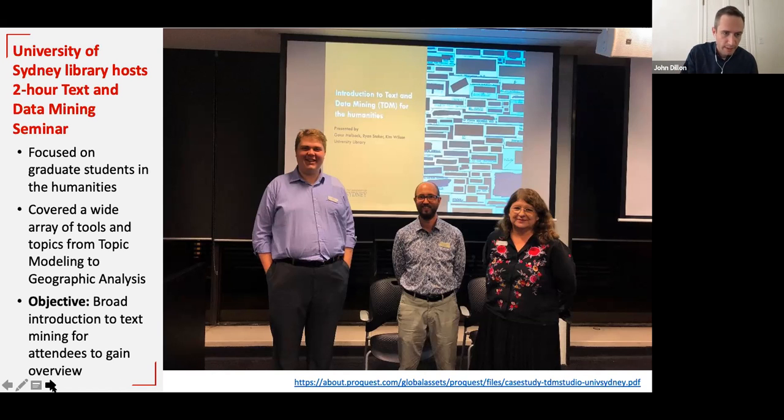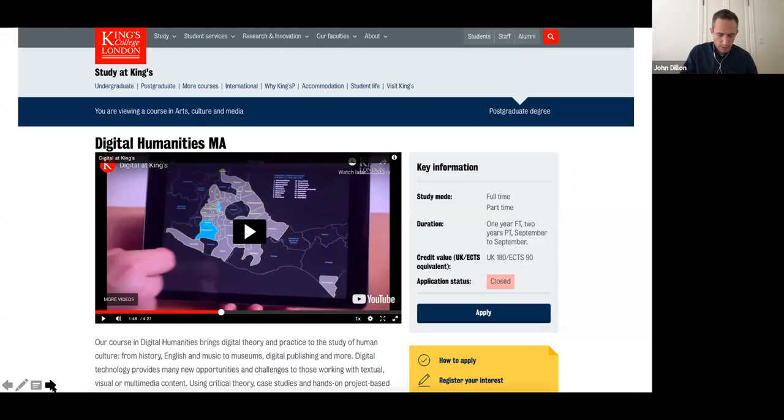Now, moving ahead here, the second example I want to talk about is, if the first one is sort of a small engagement option, this is sort of a medium to medium large engagement option. And in this case, we worked with King's College London, and I worked with Professor Paul Spence, who's the director of Digital Humanities MA program.